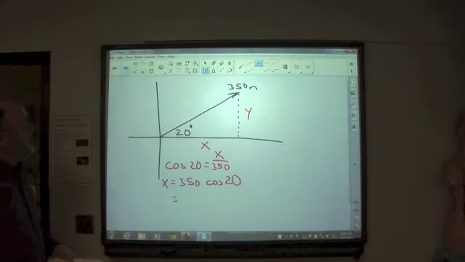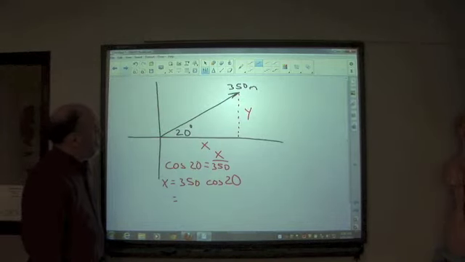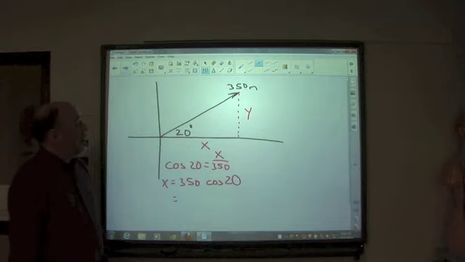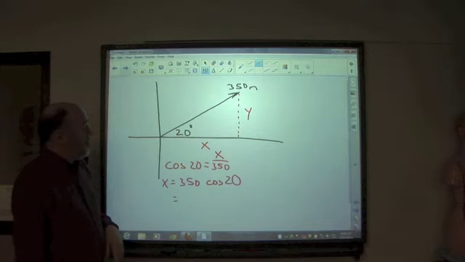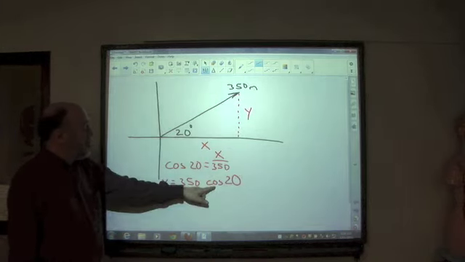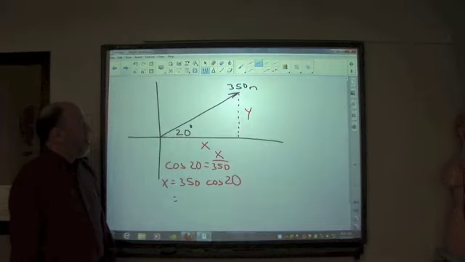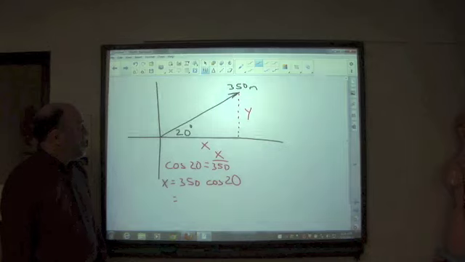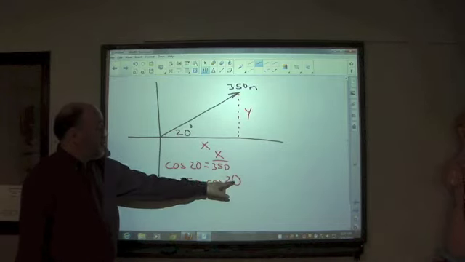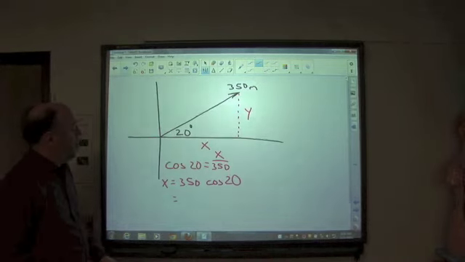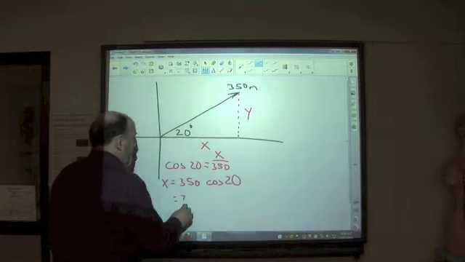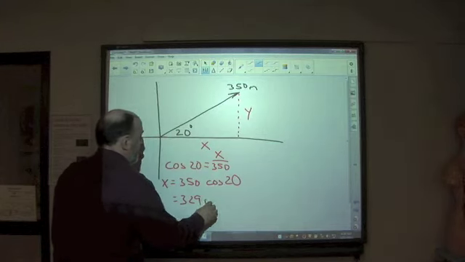This is one of the few times the mode of the calculator matters: my angle here is given in degrees, so when we use trig functions, we have to make sure the mode matches up. Since this angle is in degrees, your calculator needs to be in degree mode. When you do that, this comes out to be 329 meters.